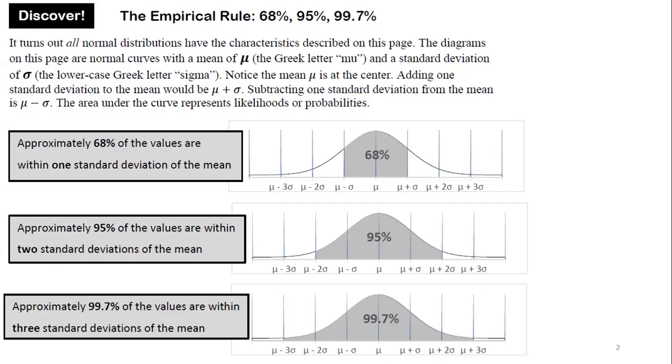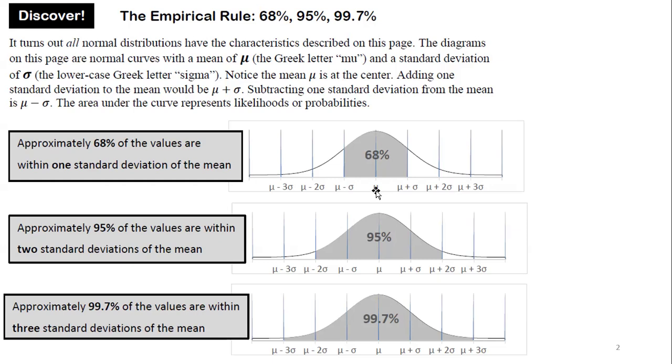At first this is a little bit confusing, but hopefully by the end of this lecture you'll be able to understand this much more. The middle is the mean, the average. It's represented by what looks like a letter U, but it's mu, a Greek letter.